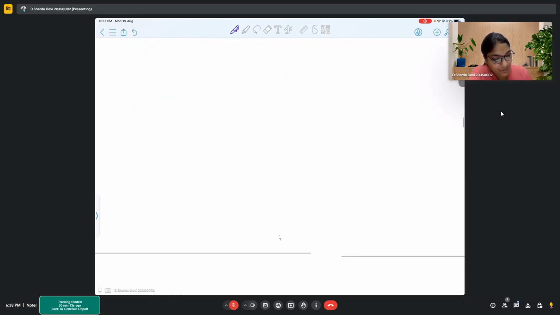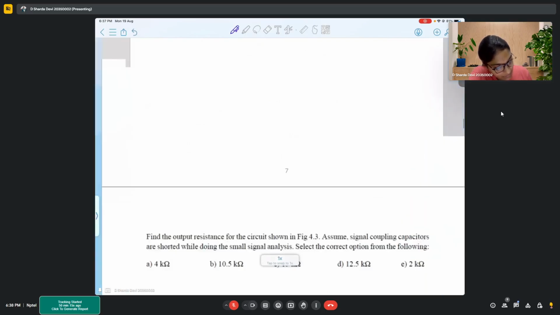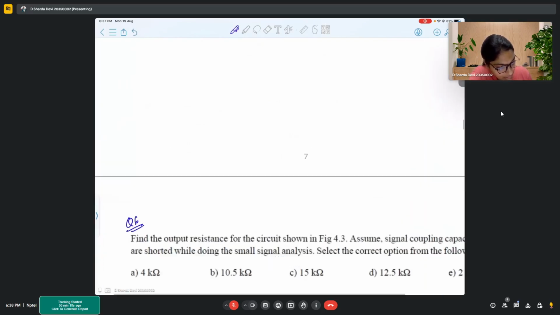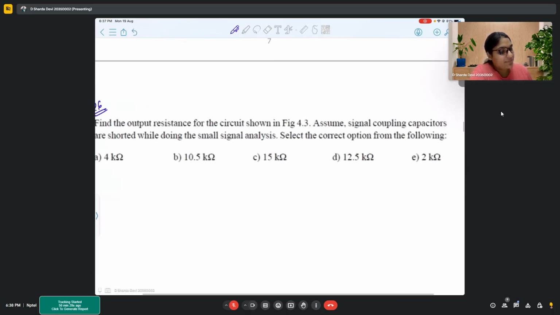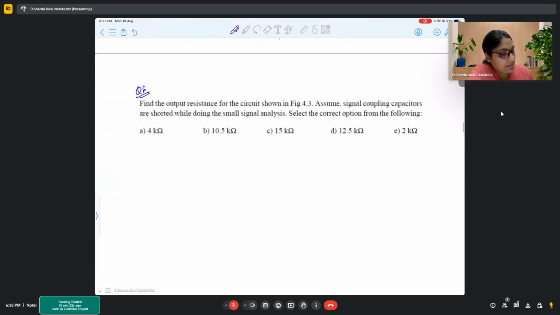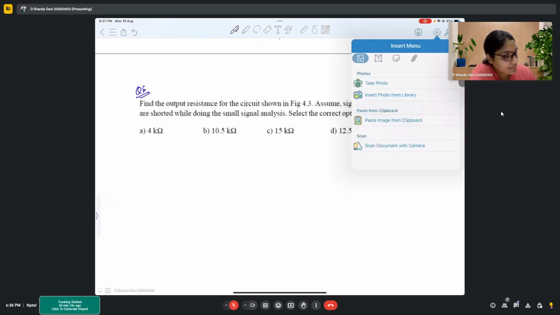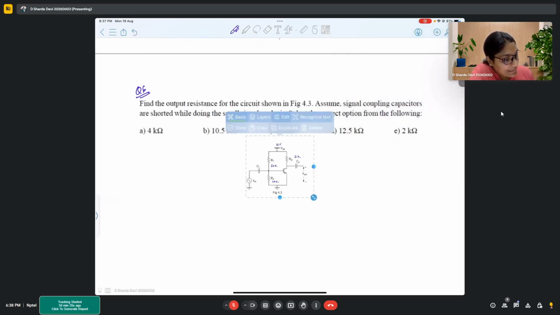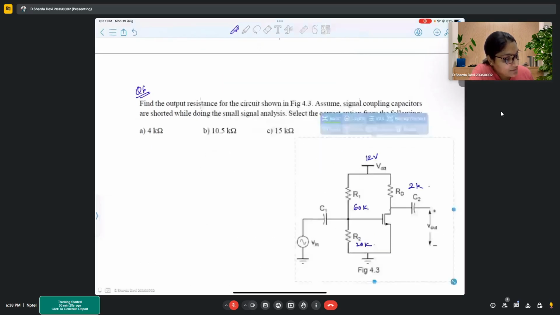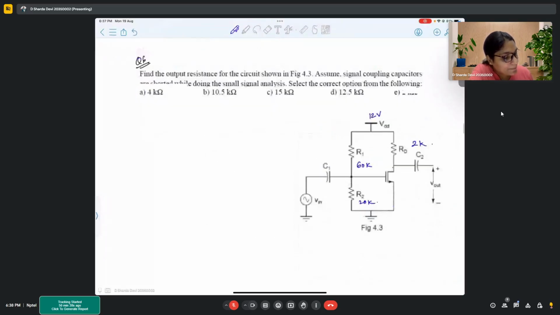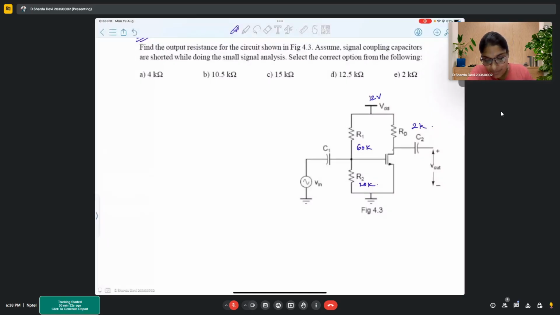Yeah. So moving on to the next problem, question number 6. In this problem, you have to find the output resistance for the circuit given. Now, since here again lambda was 0, we don't have to consider R0. That means what will be the output resistance observed here?